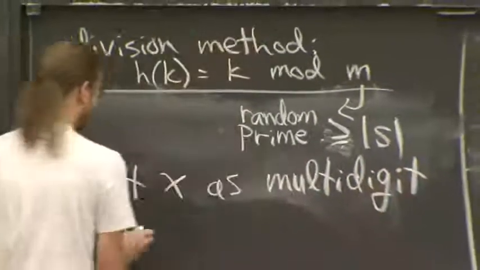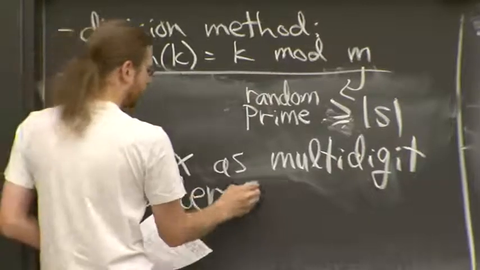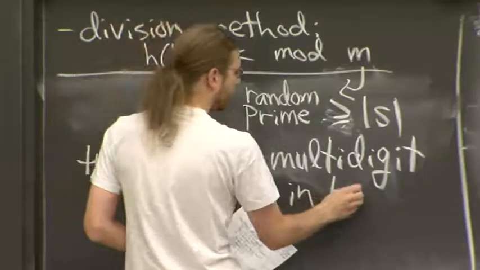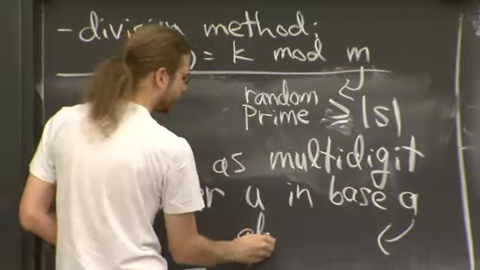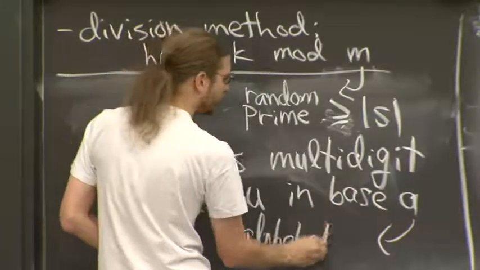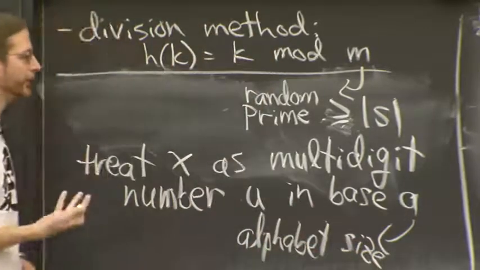This is the sort of pre-hash function. And the base is the size of your alphabet. So if you're using ASCII, it's 256. If you're using some Unicode, it might be larger.